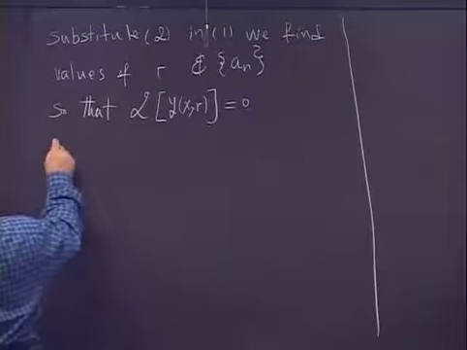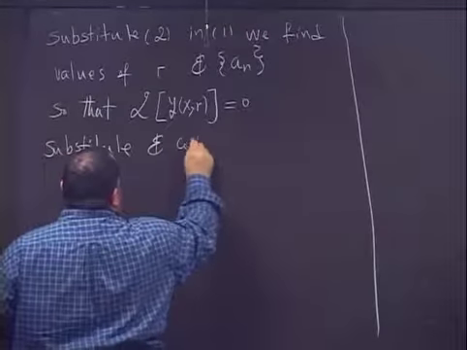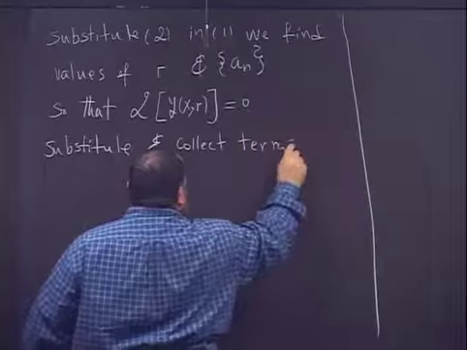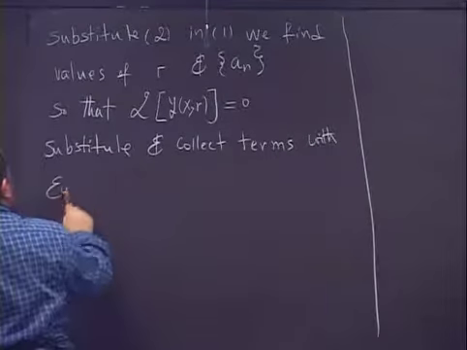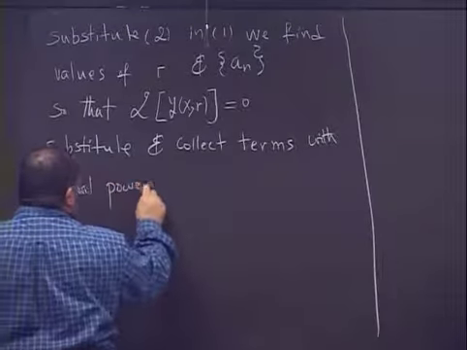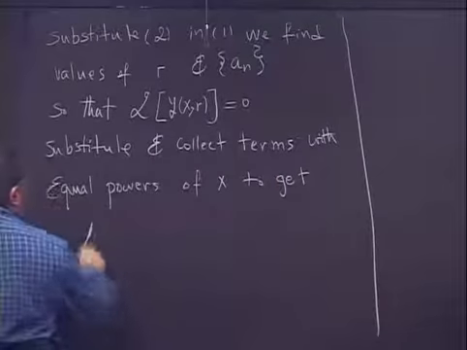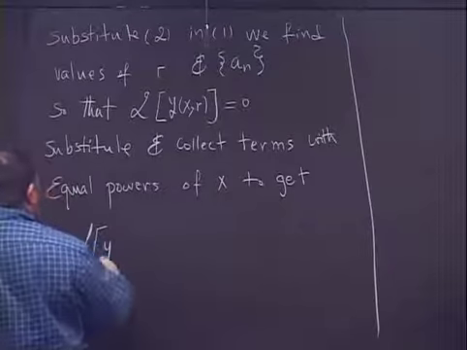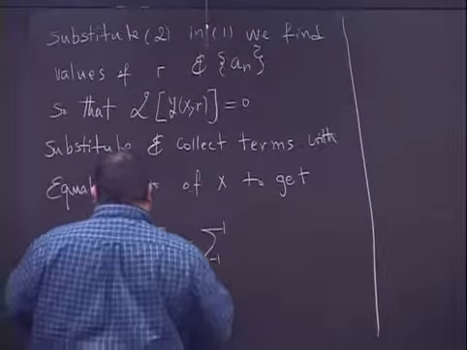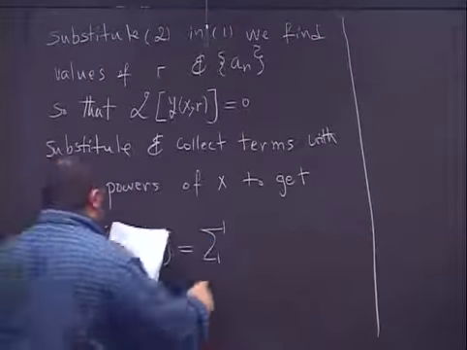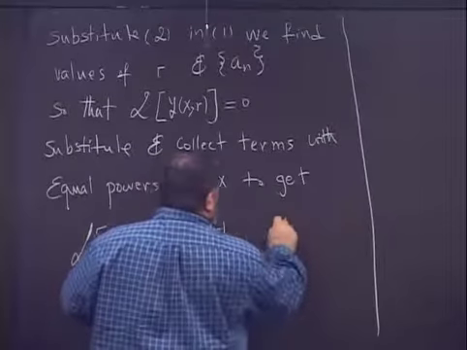So usually we substitute and collect terms with equal powers of x to get a relation like the operator L applied over y of r and x is just equal to a summation of some formula, which is what we used to see all the time in the last couple of lectures, of Bm x to the power of m plus r.